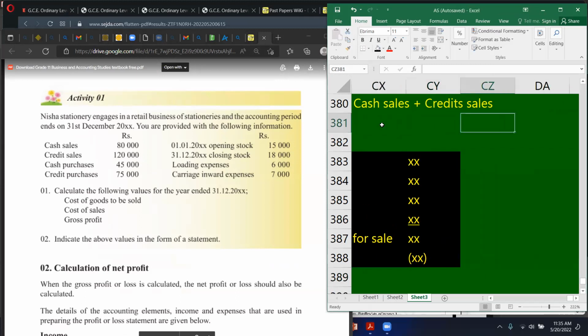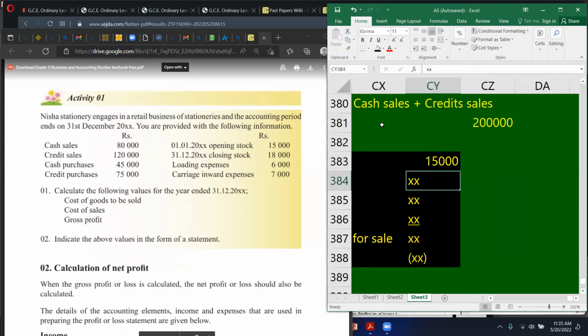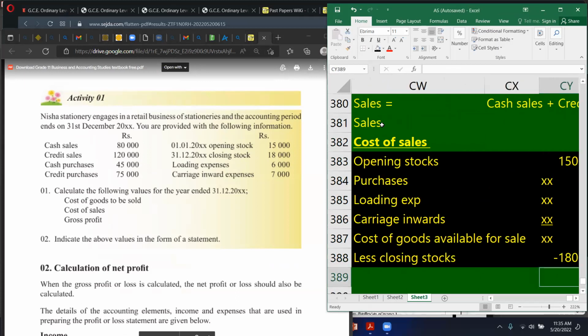Sales, I put it all together 200,000. And the opening stocks 50,000. Closing stocks 18,000. And purchases, all together, cash purchases, credit purchases 120,000.